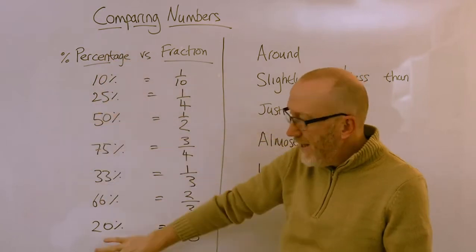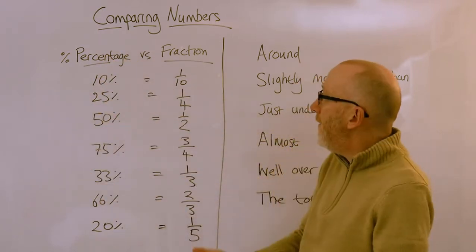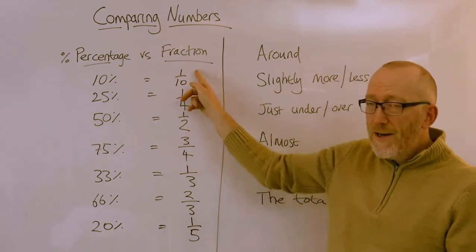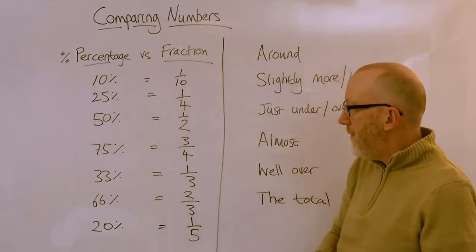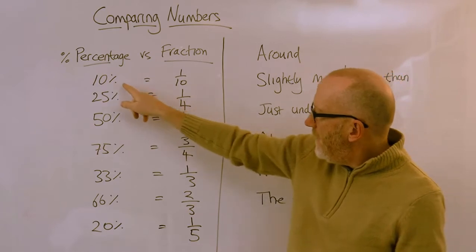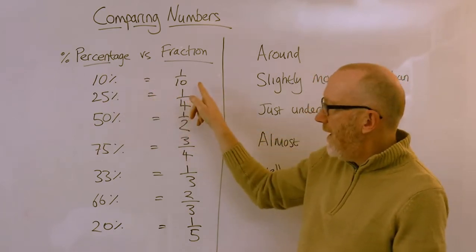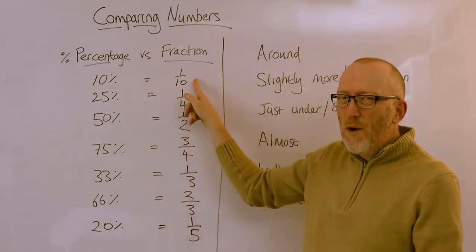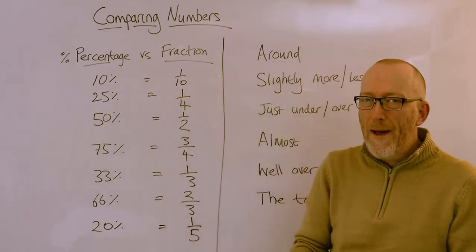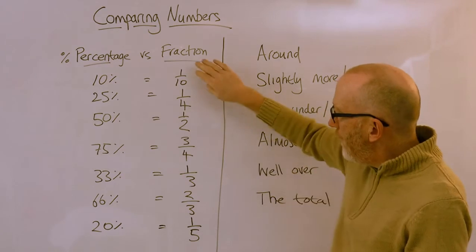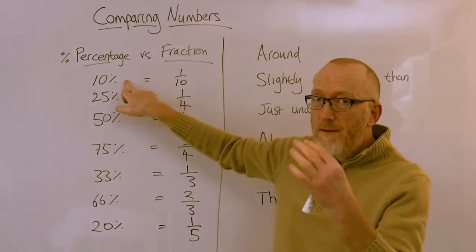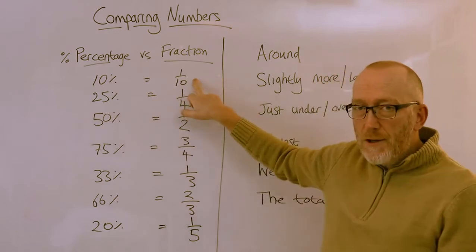But these numbers here can also be represented as a fraction. So these fractions are words that you will also be familiar with. This is an unusual one. 10% is 1/10. And to say something is 1/10 is not a very natural way of describing something, but I've got that one there just to demonstrate that 10% is also a fraction.